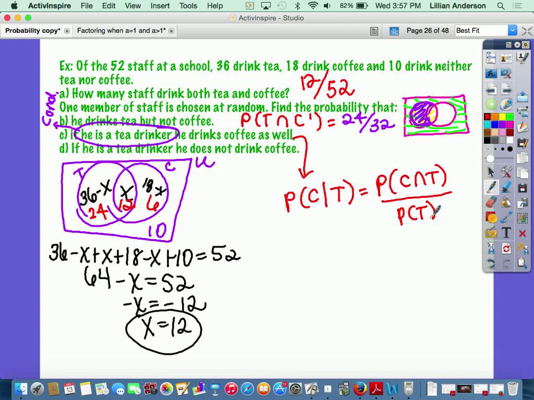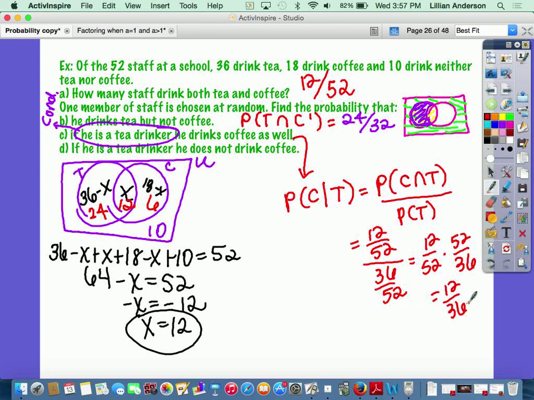So the intersection between coffee and tea was 12 out of 52. The probability of drinking tea is a total of 36 out of 52. And so if we keep, change, flip, we'll see that we'll have 12 out of 36, which is 1/3 if you reduce. Do we have to reduce? No, we don't have to, but we can if we want to. So the probability that if he's a tea drinker, he drinks coffee as well, is 12 out of 36.